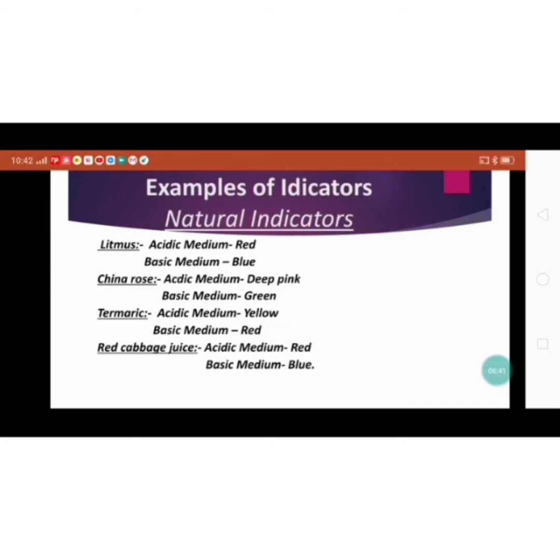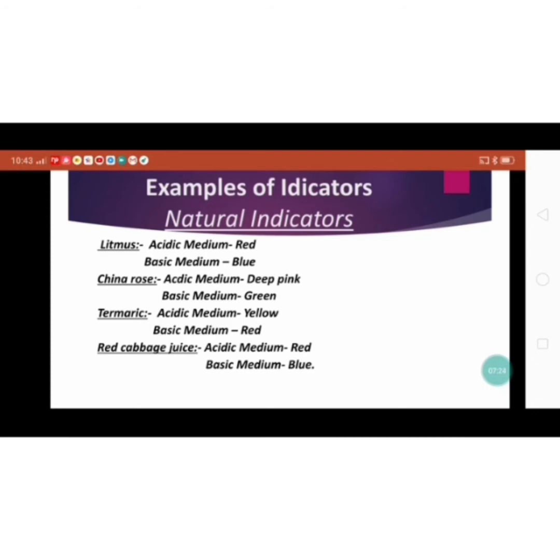But its color changes to red when it comes in contact with acidic medium. That means the common acids which we use in our daily life, like vinegar or lemon juice, if we pour on the litmus paper strip, both on red litmus paper and blue litmus paper dropwise, one by one, then we will observe that the red litmus paper will remain unchanged.